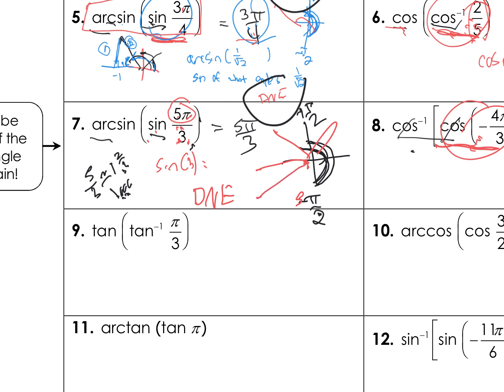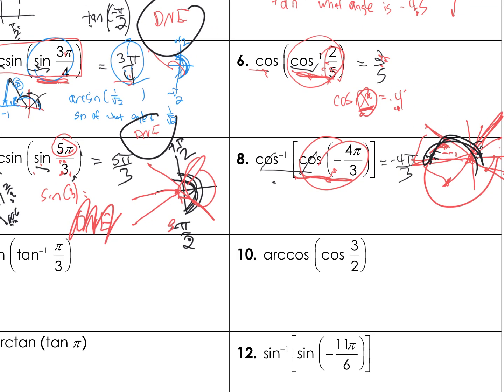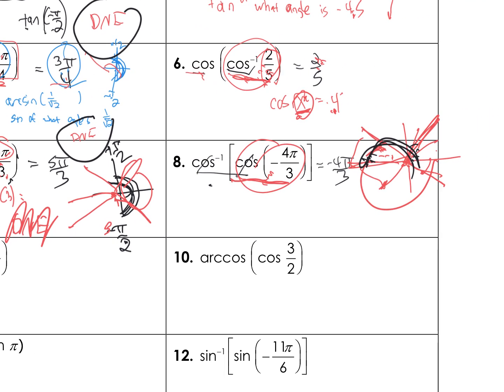Oh, wait, I'm wrong. Never mind. It's okay. It's here. No, it's okay. It's in the right quadrant. It goes all the way down. So you can treat it in this quadrant here as the reference angle being negative. It will fall in the right place. We already did 8.